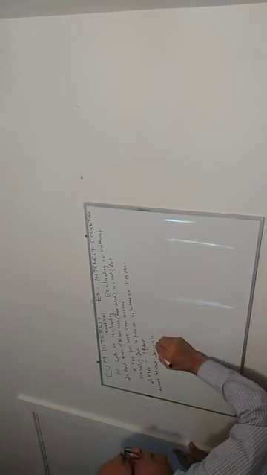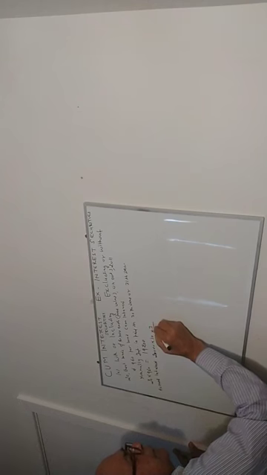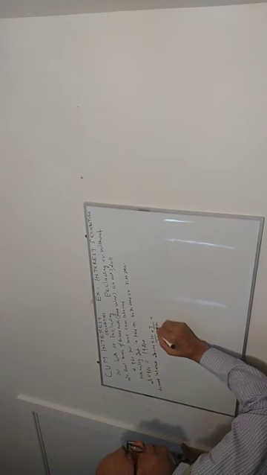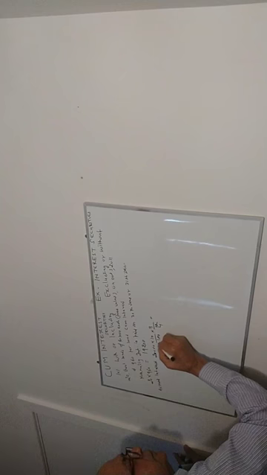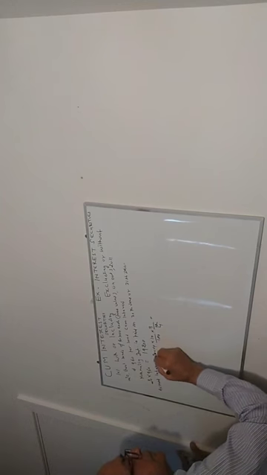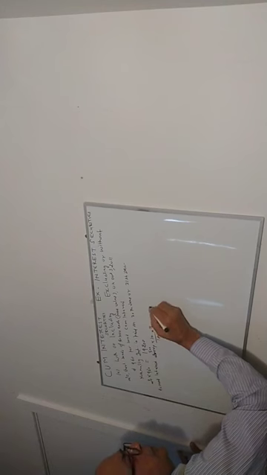Rate is 10% and the period is 3 months, from 30th June to 1st October, July, August, September. How much does it come to? Interest comes to 500.